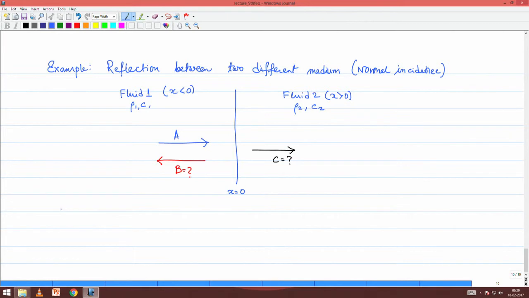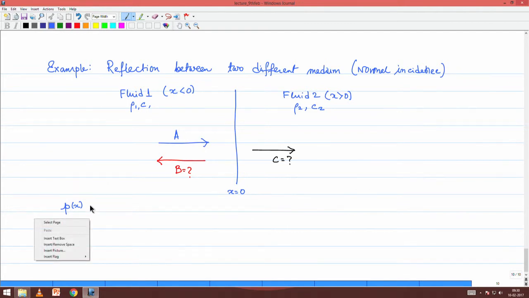So, the pressure profile in the fluid 1 is definitely comprising of two waves, one which is an incident forward travelling wave and the other which is a reflected backward travelling wave, there cannot be anything else, right.